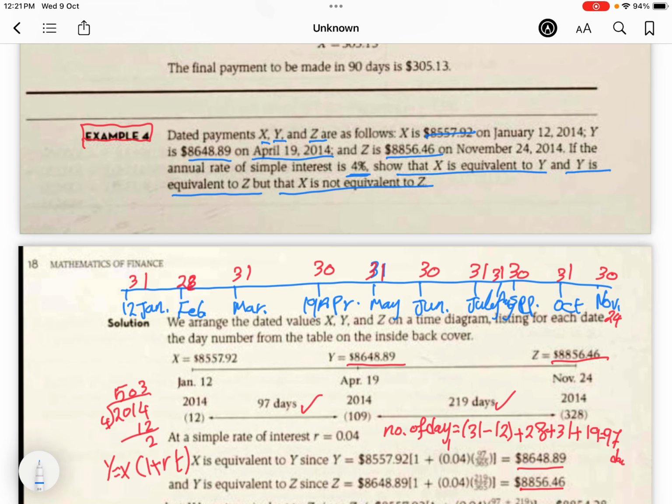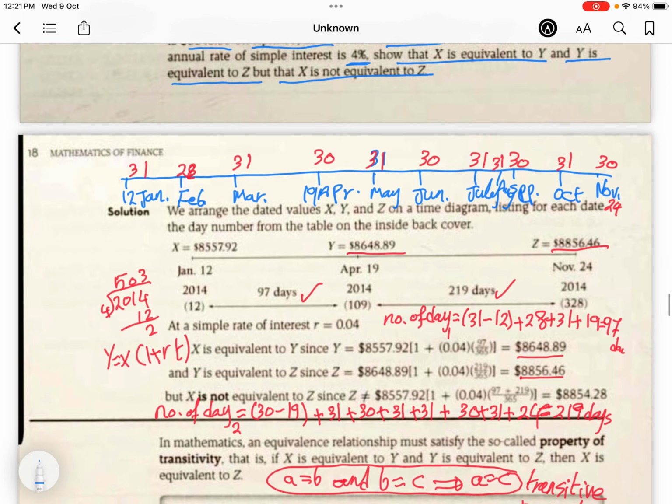Y is 8,648.89 on April 19, 2014, and Z is 8,856.46 on November 24, 2014. If the annual rate of simple interest is 4%, show that X is equivalent to Y and Y is equivalent to Z, but X is not equivalent to Z.